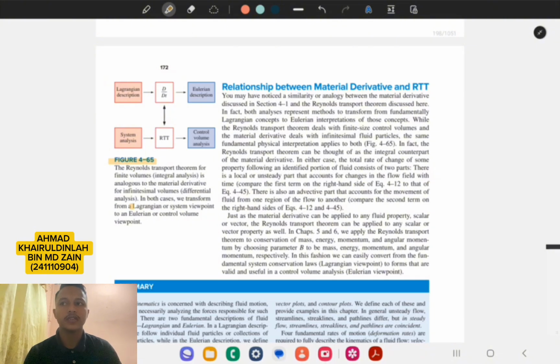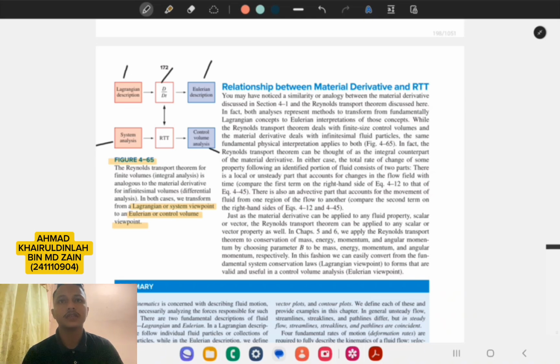In both cases, we transform from the Lagrangian or system viewpoint to an Eulerian or control volume viewpoint. So the material derivative is used to transform from Lagrangian to Eulerian description for differential analysis, but the RTT is used to transform from system to control volume for integral analysis.